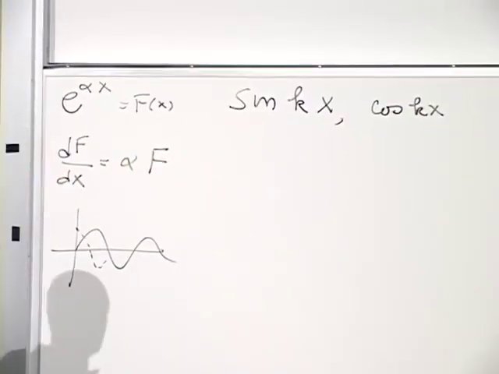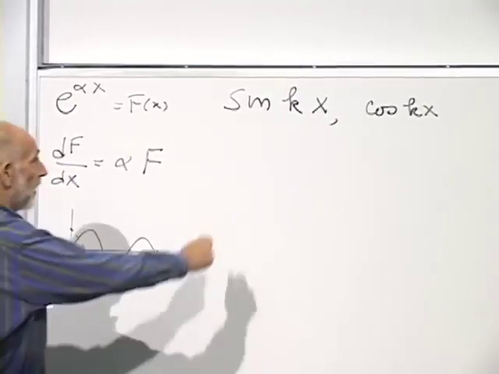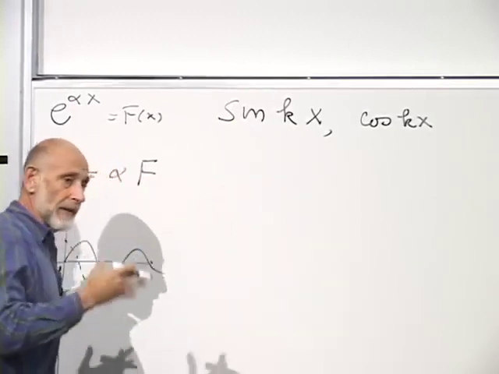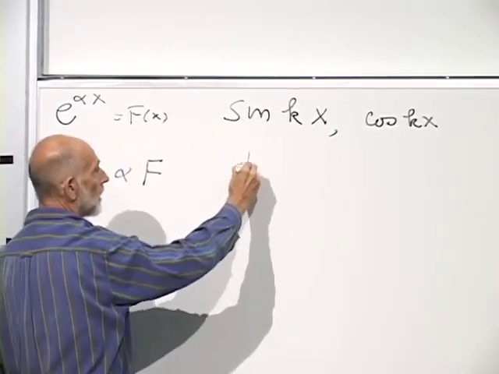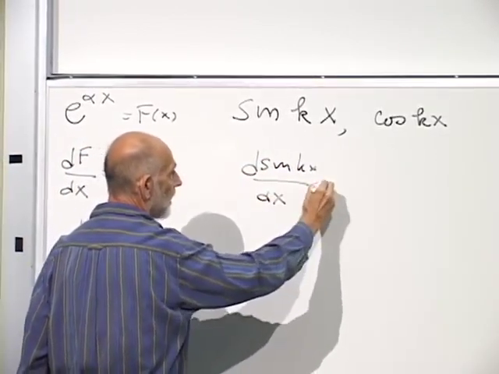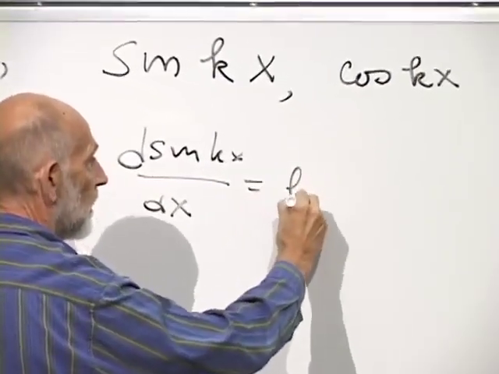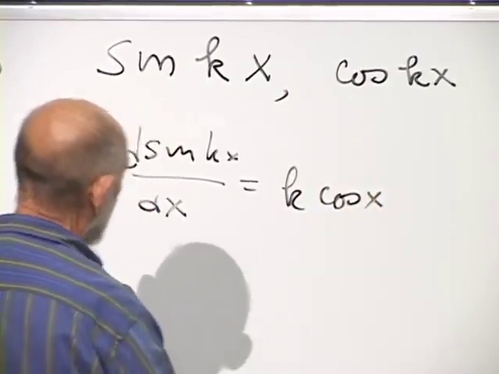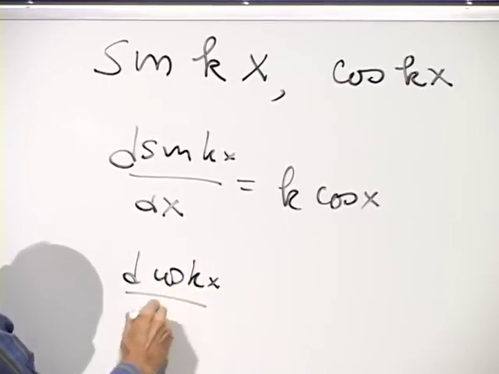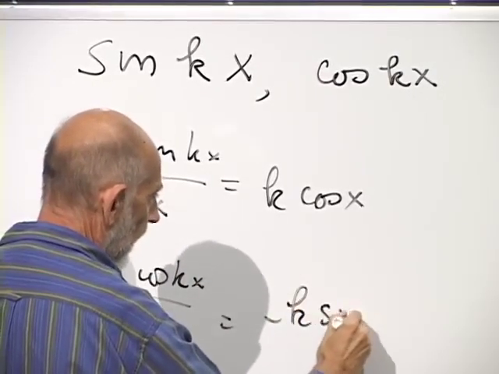Sine of kx and cosine of kx can both be differentiated, and I'll just remind you what the derivative is. No, you'll remind me. What's the derivative of sine of kx with respect to x? The derivative of sine kx with respect to x is equal to k times cosine kx. And the derivative of cosine kx with respect to x is minus k sine kx.